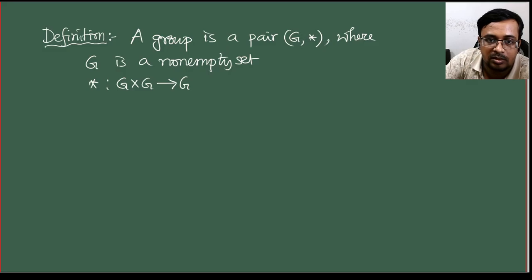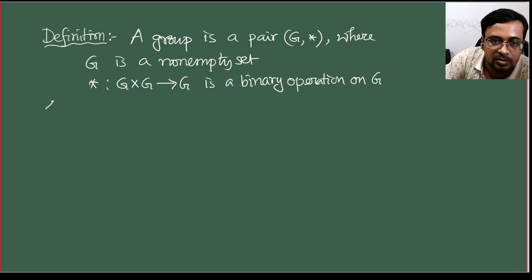Such a map is called a binary operation on G, satisfying the following properties.